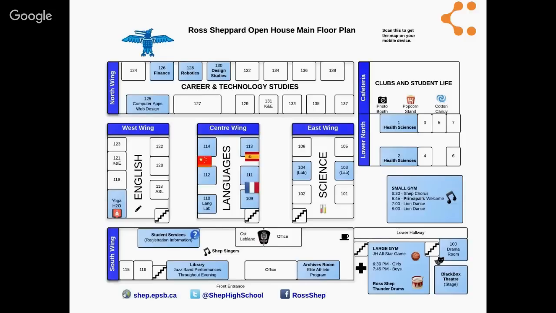Able to display a number of our links down below that would help out as well, and that will certainly come through in your slide. And this was something that people were able to scan a QR code to get in and find out where they were in the building. Because oftentimes you'd have 3,000, 4,000, 5,000 people in your building during an open house, and it's a little overwhelming.